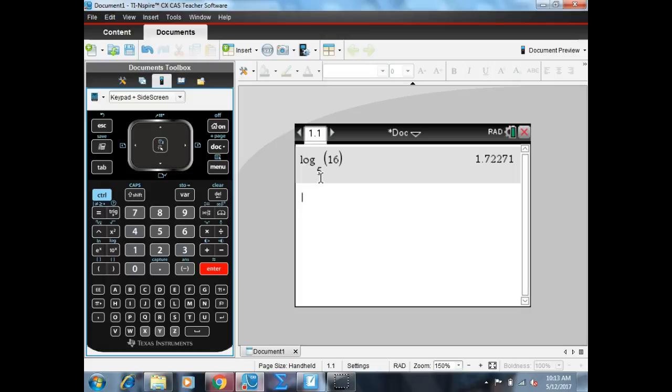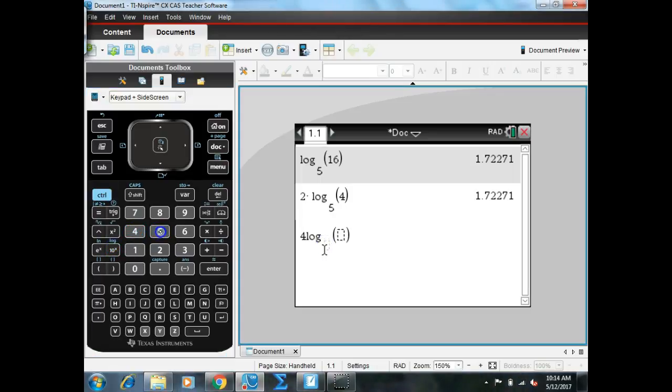And then we said that the other one that it could have been was 2 times the log base 5 of 4. Or we said it could be 4 log base 5 of 2.